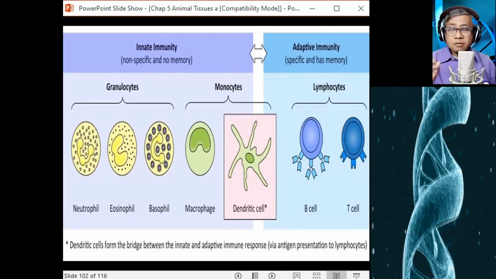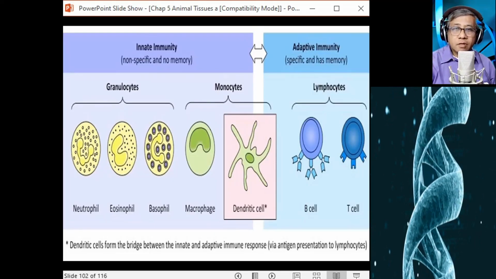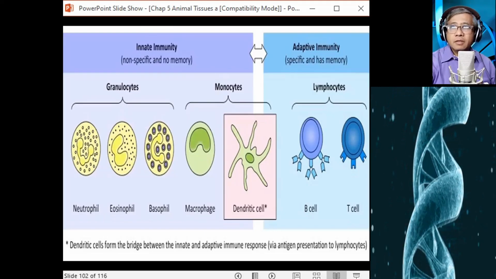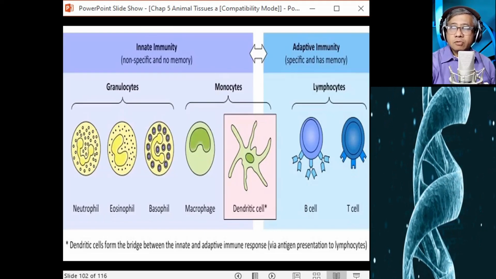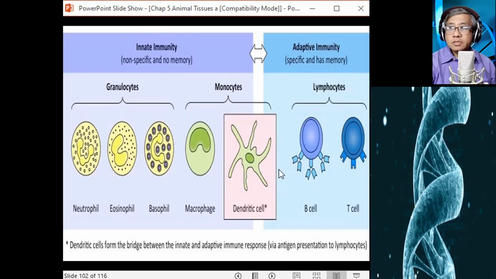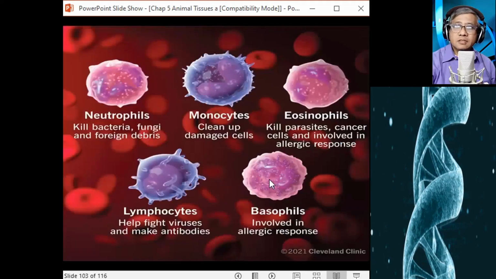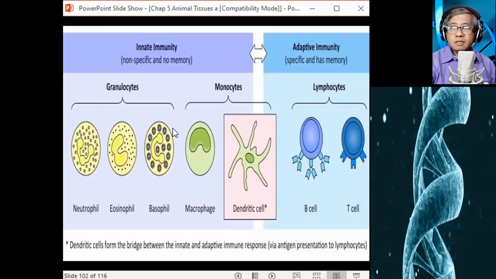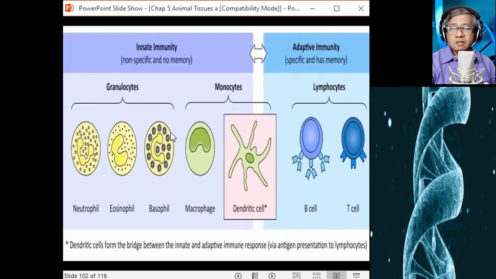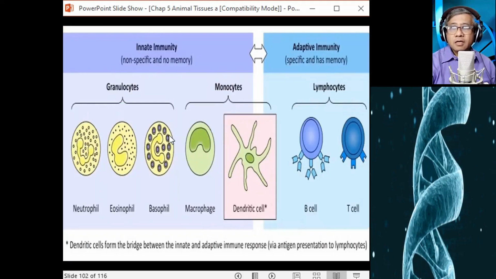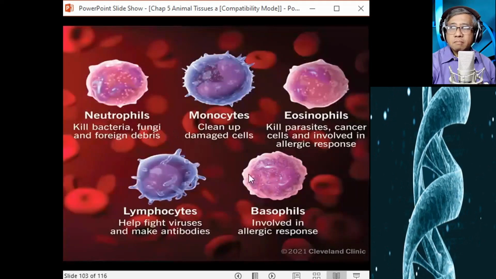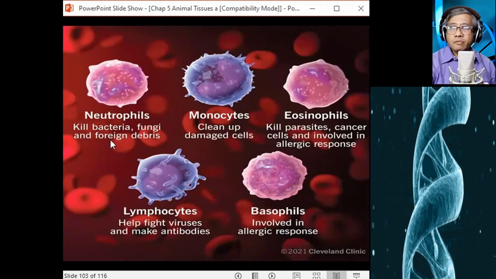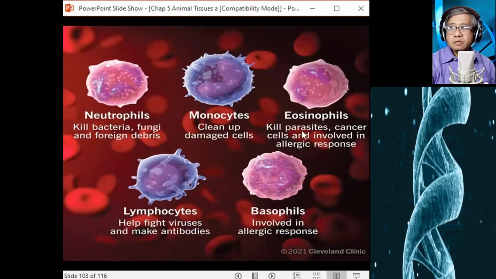So under granulocytes, we have the following: the neutrophils, eosinophils, and basophils. Under agranulocytes, we have the monocytes and yung mga lymphocytes. So, let's describe those cells. Neutrophils, they kill bacteria, fungi, and foreign debris together with eosinophils.